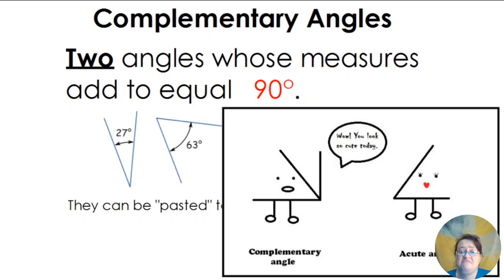And you say, thanks, you're right. Well, they give you a compliment, and they're right. Complementary, right angle. I know it sounds cheesy, but it is a really good way to remember that complementary angles make a right angle when you put them together.